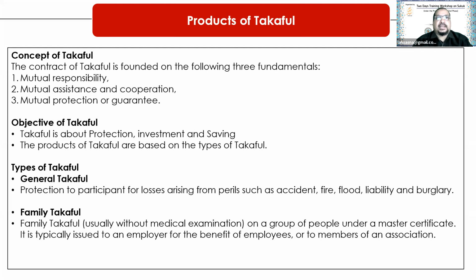It is a yearly renewal, but family takaful is normally a long-term policy with a commitment of monthly contributions. And each one, of course, has a different product that has been designed to address the risk of the participant.